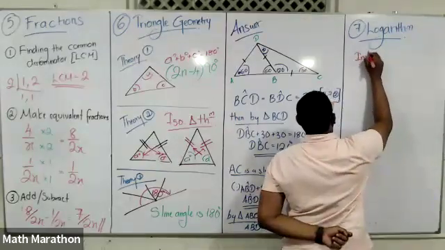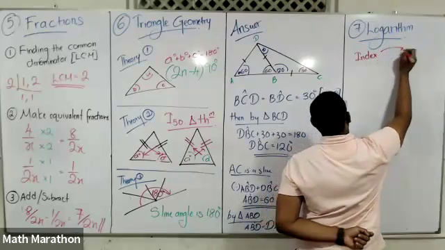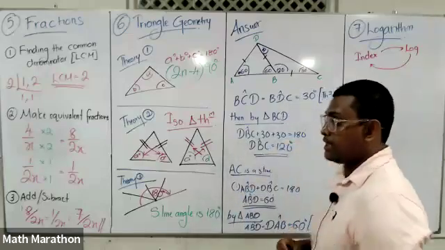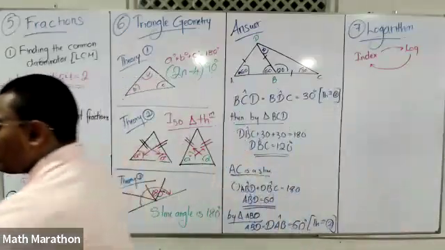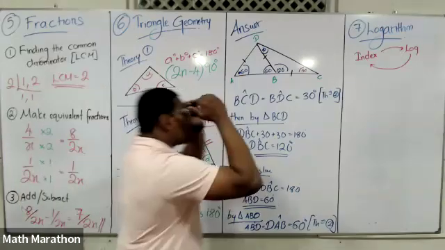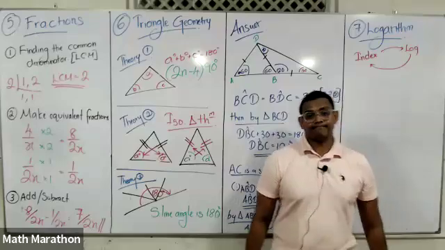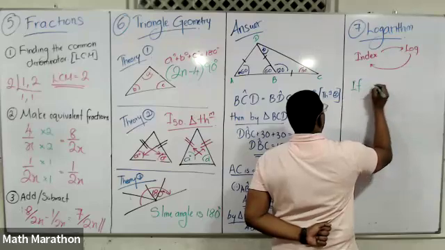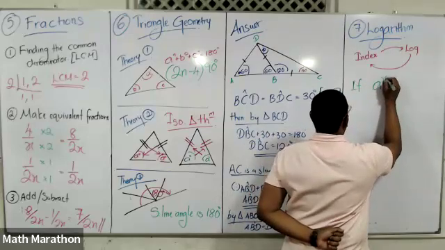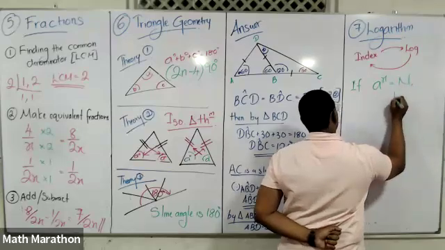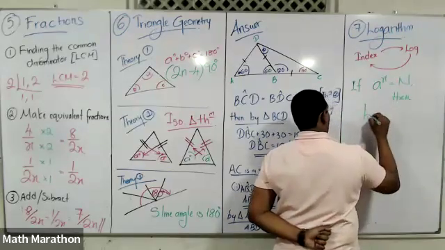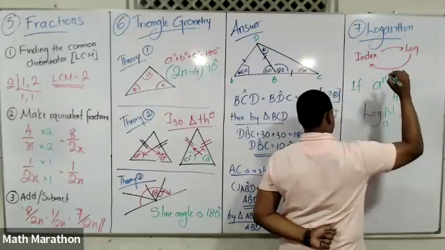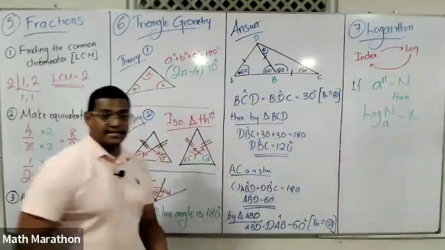Either you change from index form to log or log to index form. This is the question we've been getting for a very long time, and that is the first thing you study in log also. Clear? Okay. What have they told? If a to the power x is equal to n, then log of n to the base a equals x. That is what the theory says.